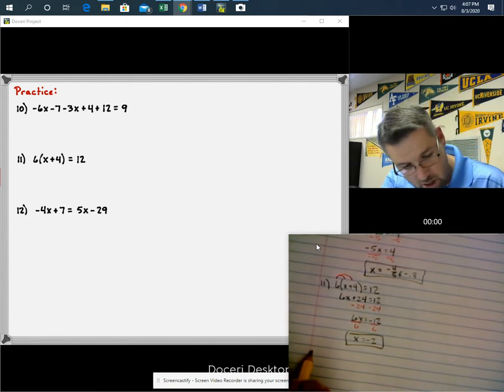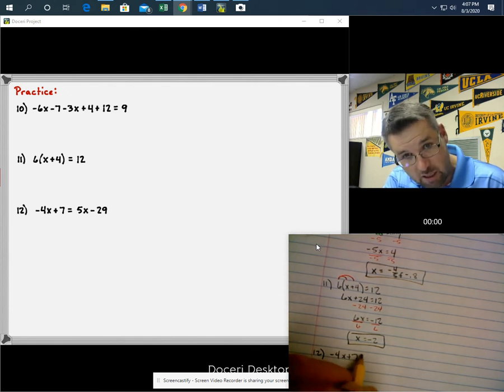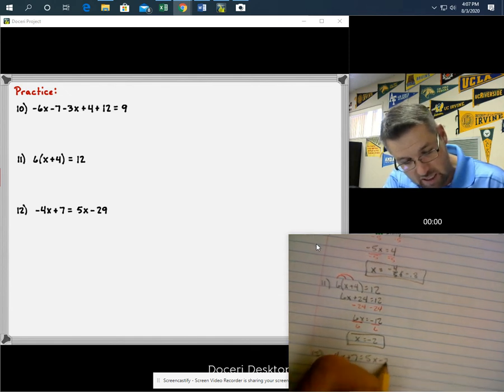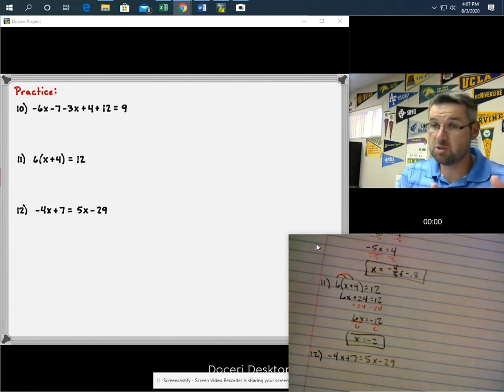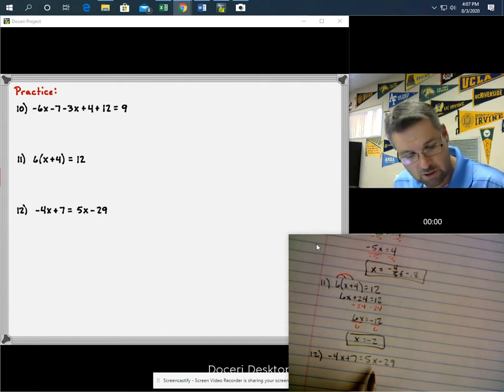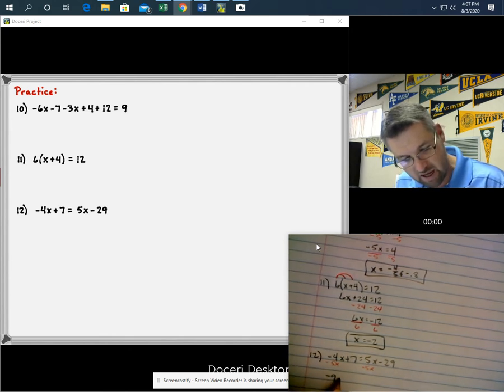And the last problem here on this slide is negative 4x plus 7 equals 5x minus 29. Remember, our goal is to get the variables so that there's only variables on one side and a constant on the other. So the first thing I'm going to do is get rid of this 5x by subtracting 5x on both sides. And then I end up with negative 9x plus 7 equals negative 29.